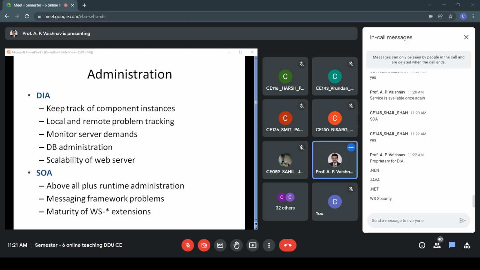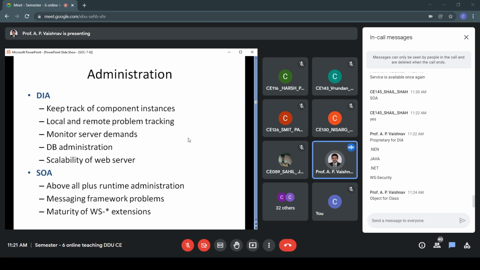We all know, right? Object is instance of a class, right? Similarly, for the same component, there can be multiple instances because there might be 2 or 3 clients connected to the same service, okay, connected to the same component. So in that case, we will be actually keeping track of multiple instances, right?